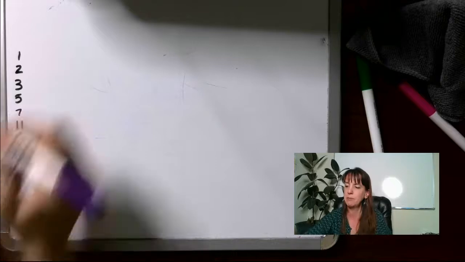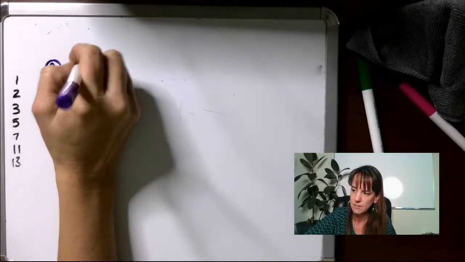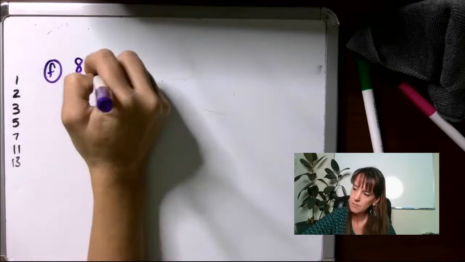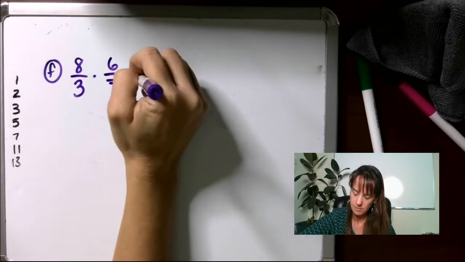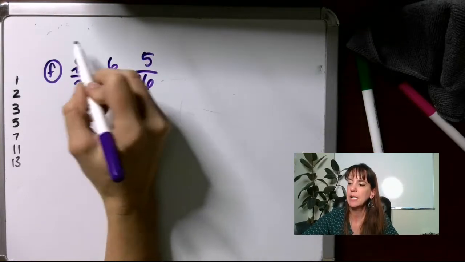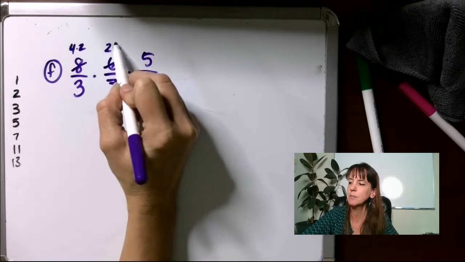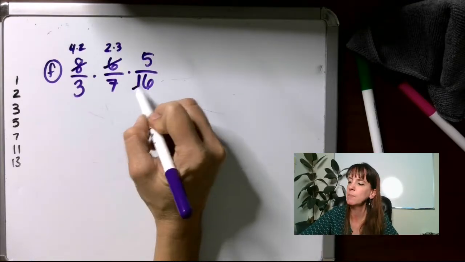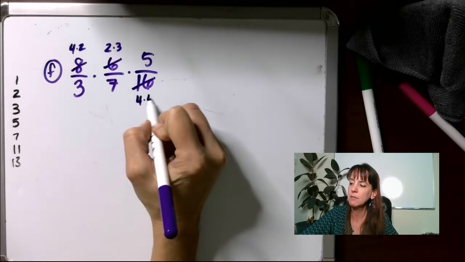All right, so F. All right, so 8 can be broken down into 4 times 2, right? 6 can be broken down into 2 times 3. 5 can't be broken down because it's prime. This, how about I do 4 times 4, right?